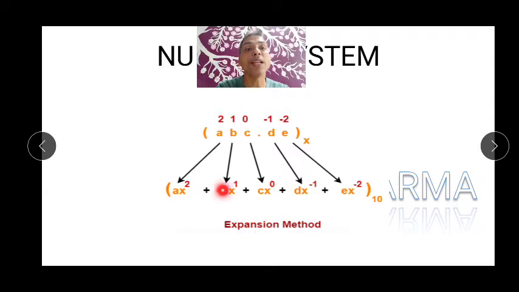When you write the expanded form, you write C x raised to 0, B x raised to 1, A x raised to 2, then going towards the right, D x raised to -1, E x raised to -2. We'll see some examples, and then it will be more clear.